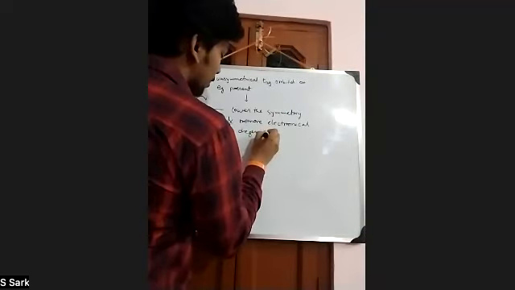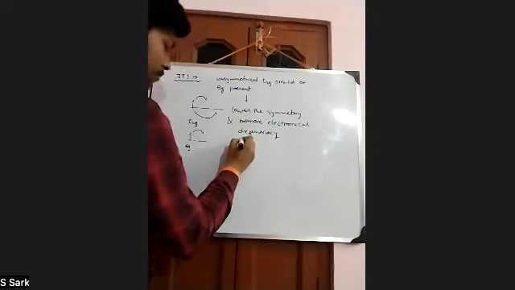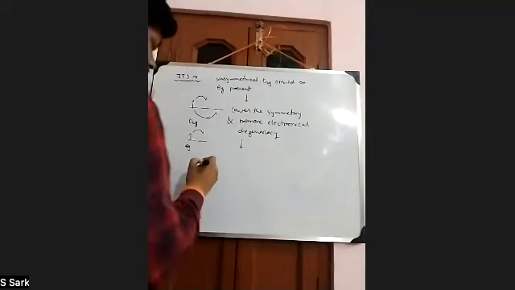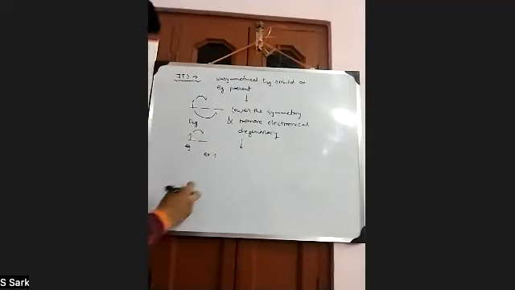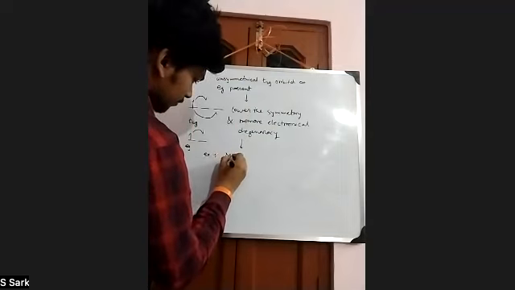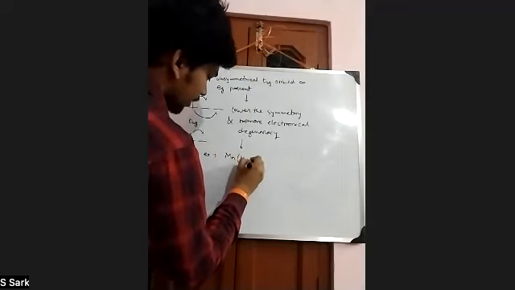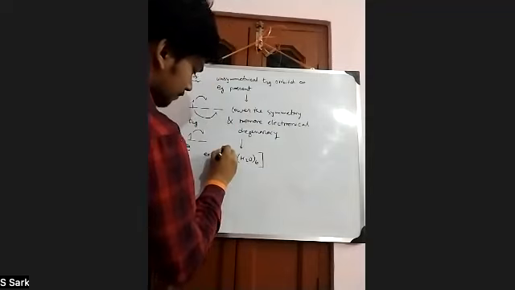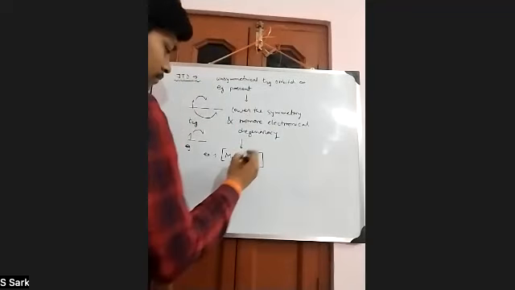So we should see an example where John-Taylor distortion occurs. Now we are taking a complex which will show John-Taylor distortion.